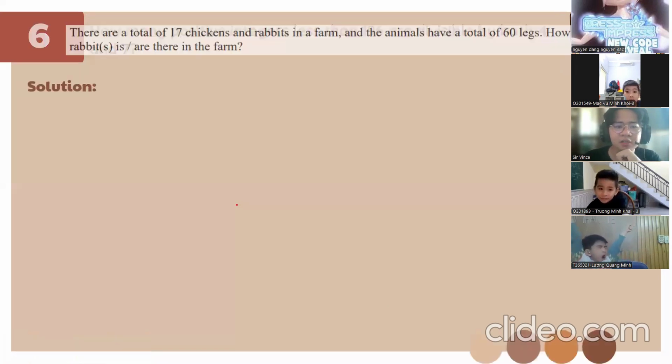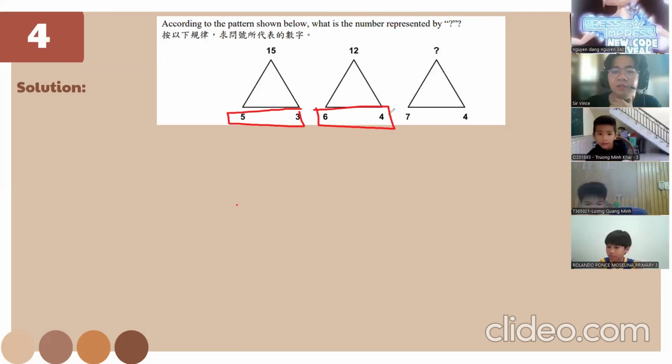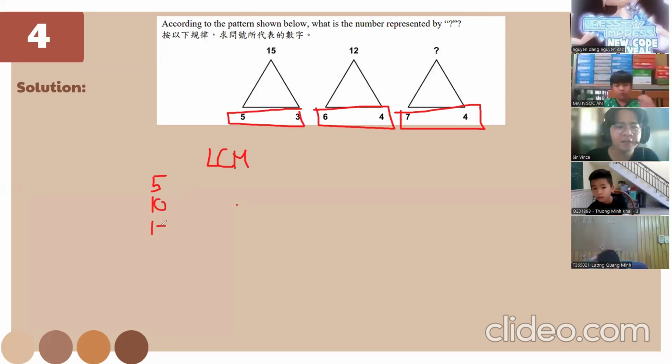So, okay, this one, why is it 12, sir? For the one who was asking, we are finding the least common multiple of these ones. Not the multiple, but least common multiple. So we know that the common multiple of 5, 10, 15.